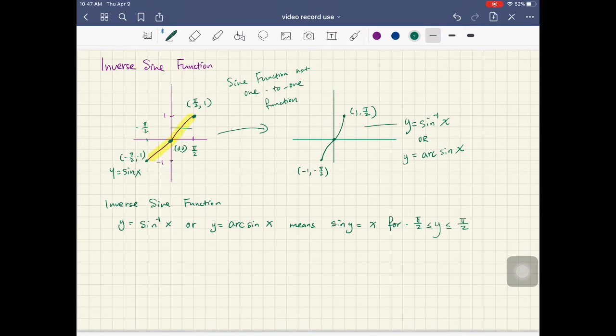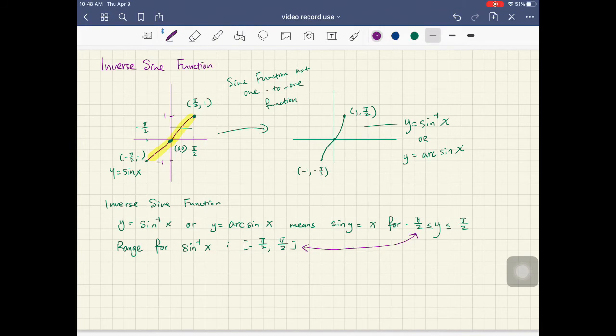Since we're talking about this one, I'm just going to also write down the domain and range. From this definition, we can have the range first. The range for the inverse function is negative pi over 2 to pi over 2, which is corresponding to this part, and also the one we've been talking about.